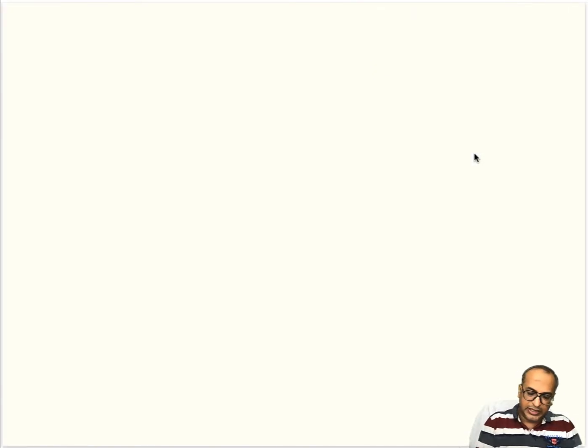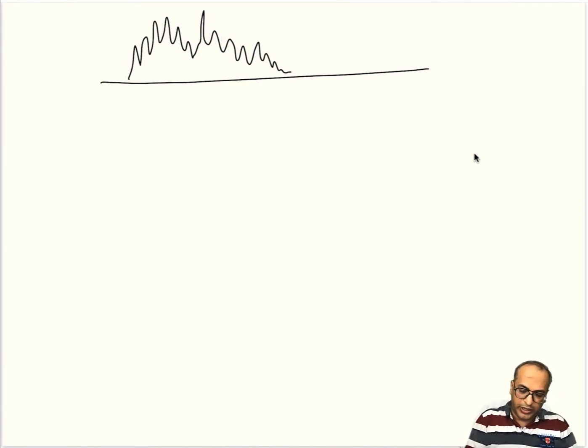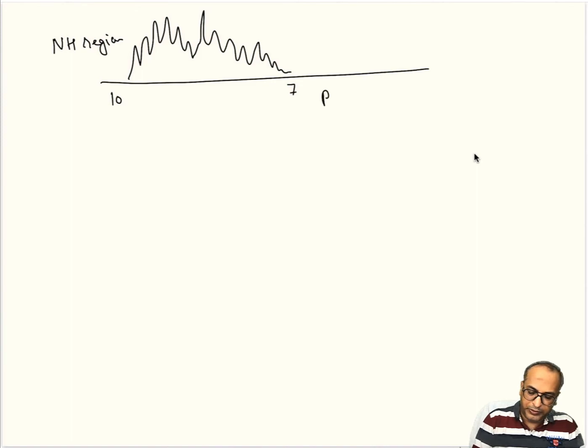What I mean is, let's say this is my 1D spectrum. I'm just drawing a rough 1D spectrum over here, only for the NH region, from chemical shift, let's say, 7 to 10 ppm. Now each of these peaks has 10 protons, just assume that. Let's say this one is 11 hydrogens, this one is 15 hydrogens.